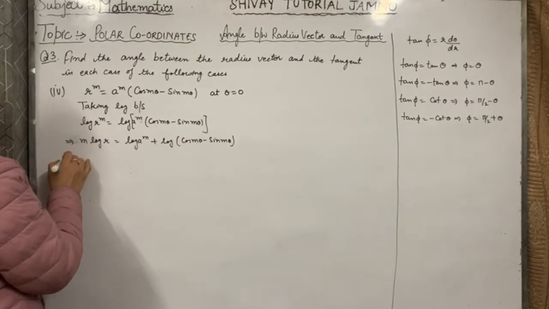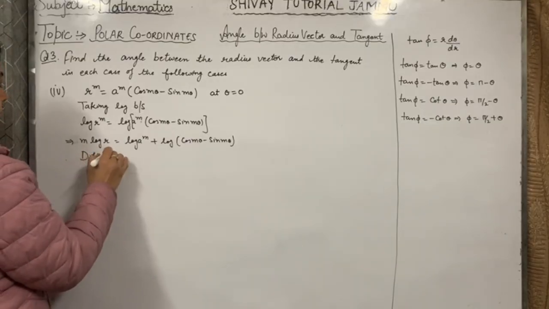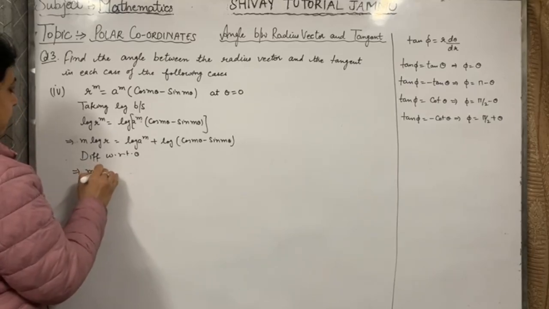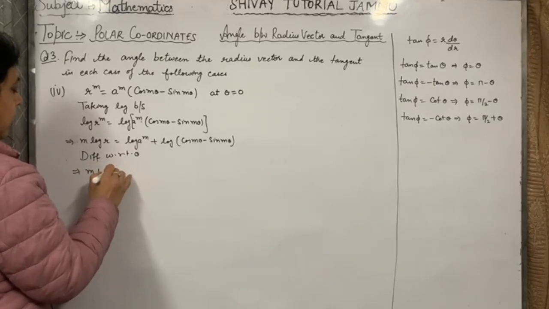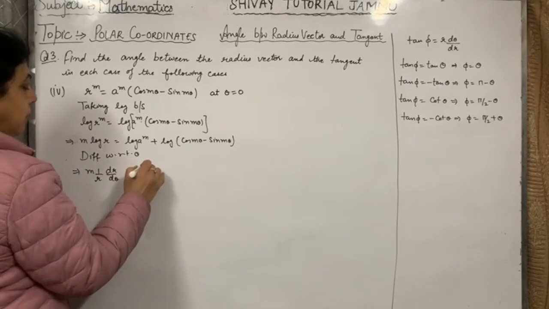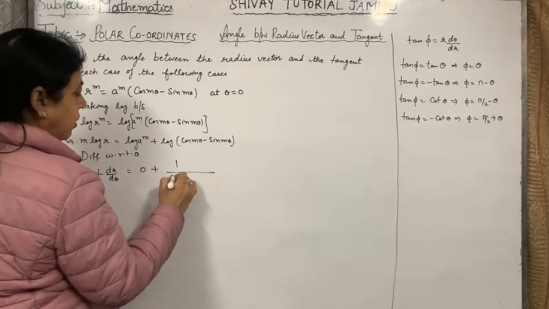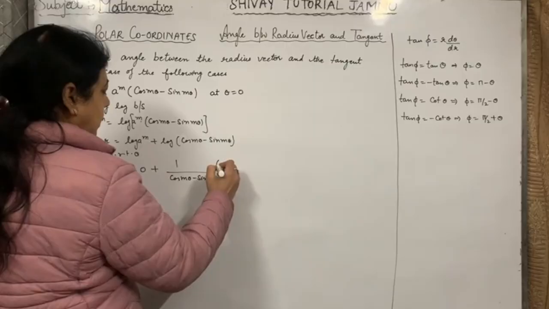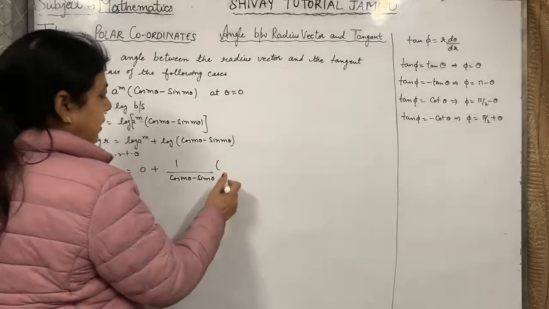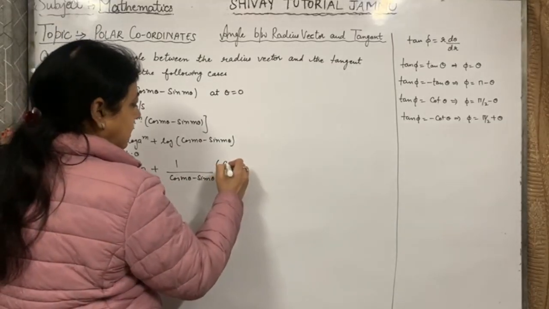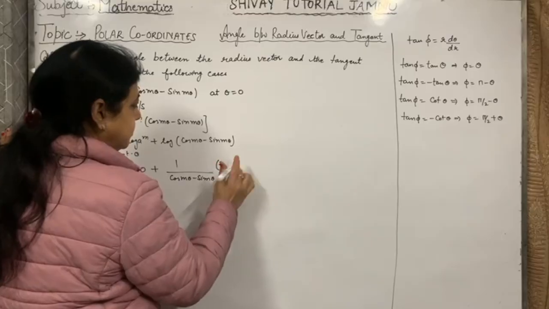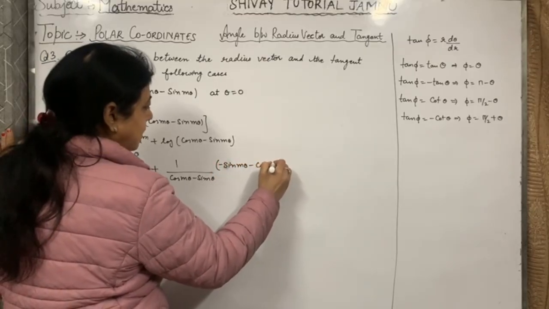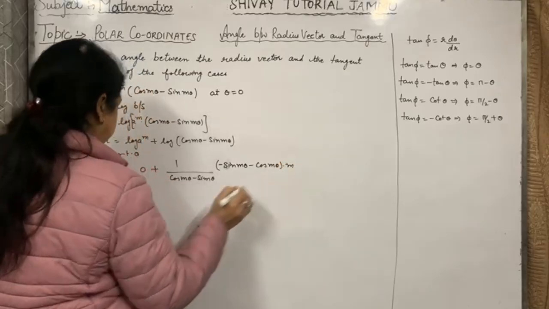Okay, we will differentiate with respect to theta. This will be m times 1 by r dr by d theta, equal to 0 plus 1 upon cos m theta minus sin m theta. The differentiation of cos m theta minus sin m theta is minus sin m theta and minus cos m theta, into m.